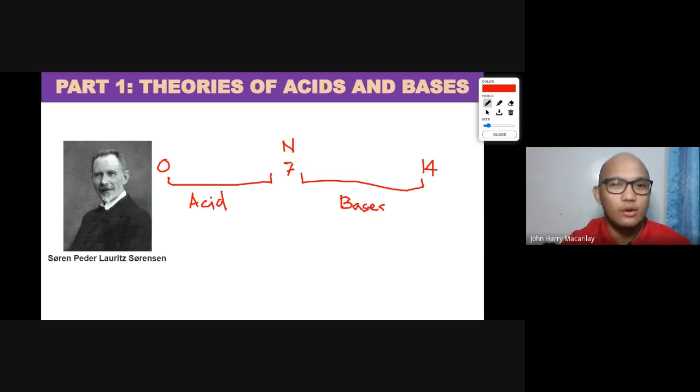So that is Sorensen's pH scale, which describes an acid based on its numerical value, which is less than 7 down to 0, and a base as having a numerical value above 7 up to 14. That's acids and bases according to Sorensen's pH scale.